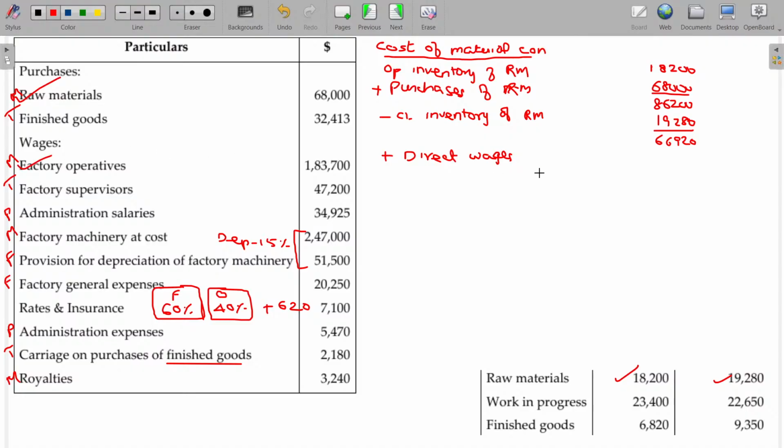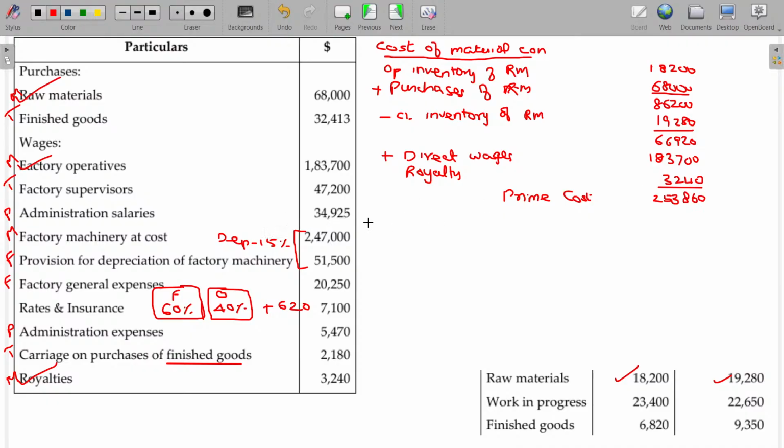This one 1,83,700. Not only that, royalty will be called as direct expenses. Will be addable here. Royalty 3,240. If I add up the above three, then it will be named as prime cost. The prime cost in this case being 2,53,860.